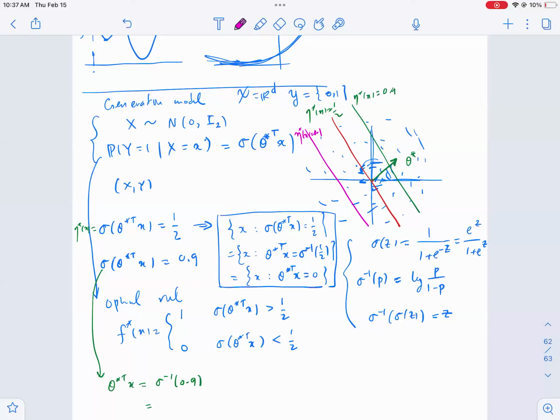So the optimal rule is going to assign 1 here, and the fraction of errors that you get, the fraction of 0 above this line, is basically the Bayes error, the limit of the problem, because you can't do better than that. And that determines the level of the noise in this problem.